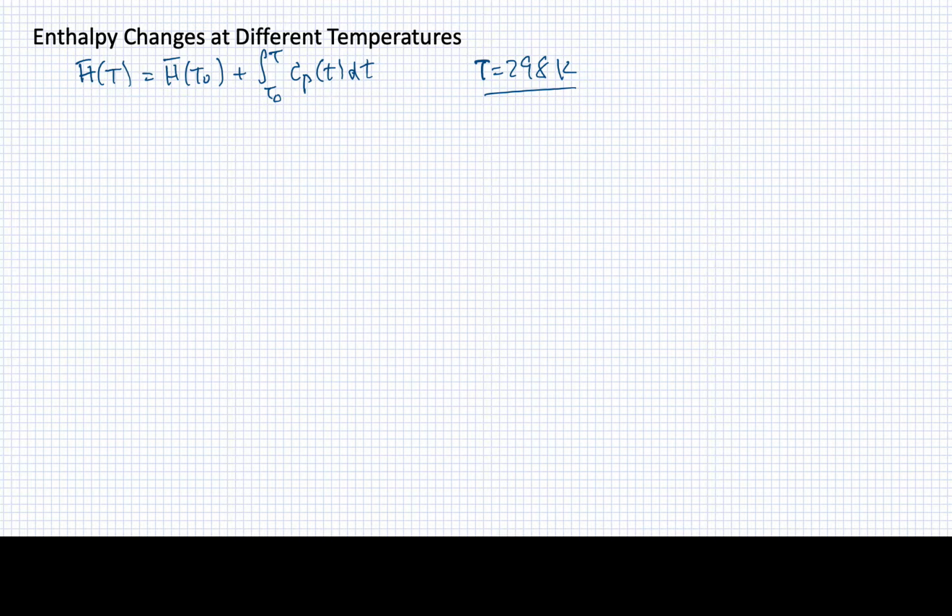So what I want you to do is consider our sample chemical equation, A plus B goes to C plus D. So it'll look something like this. And I'm including the stoichiometric coefficients because those are going to play a role since the enthalpy change is extensive.